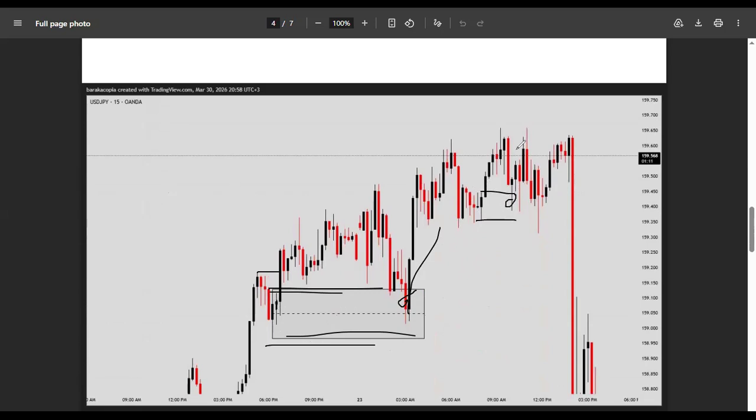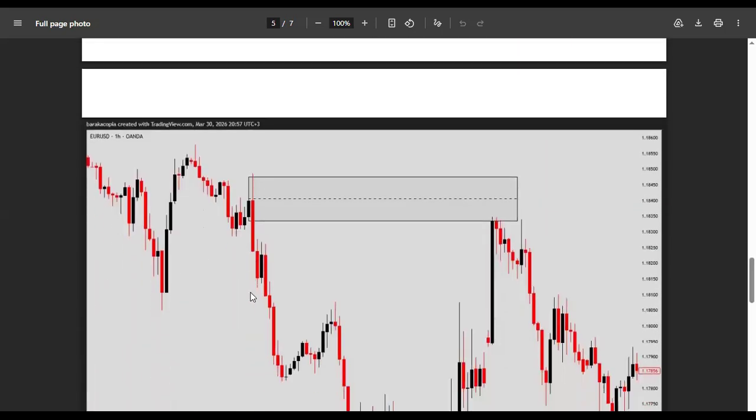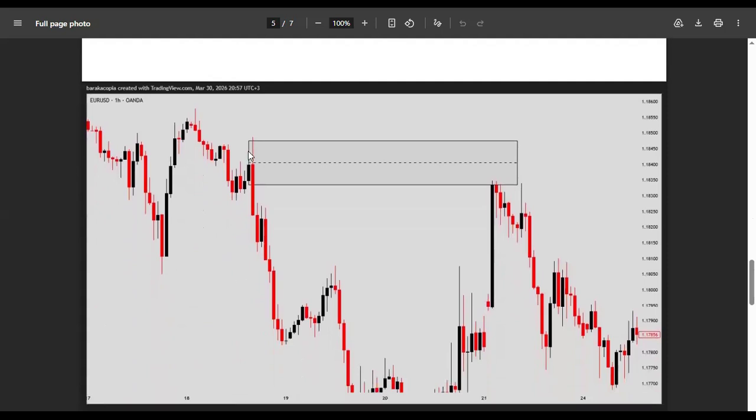The market tested, it failed to cross above, and that's why we have that retracement move. Simple like that, you find yourself trading order blocks. Another one, you see that candle leaving the gap, the market rebalanced it into the order block, mitigated it, and then we had that sell move.